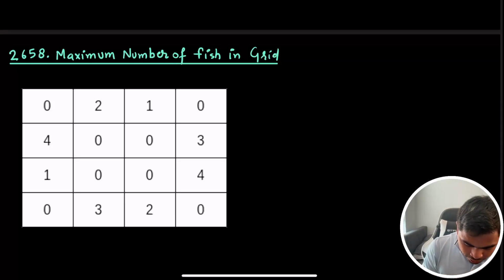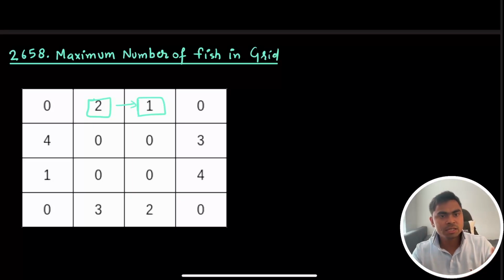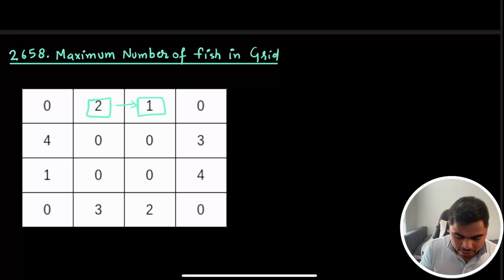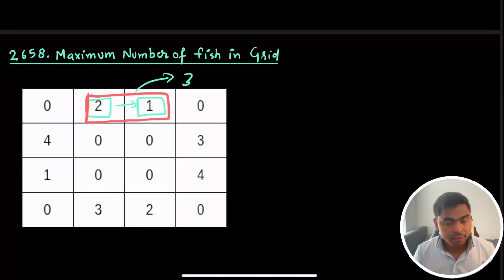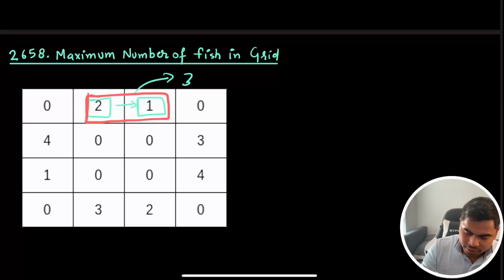If I choose this 2, that means there are 2 fish. I can explore one more pond right next to it that has 1, but there are no other fish around this location. So I can only collect 3 fish from here. If I'm the fisherman, I can fish right here and I get 3 fish.